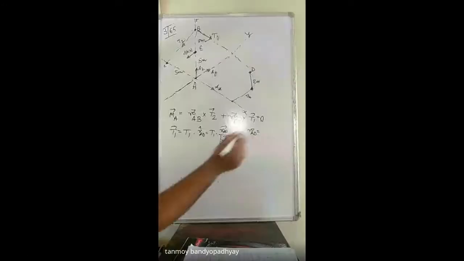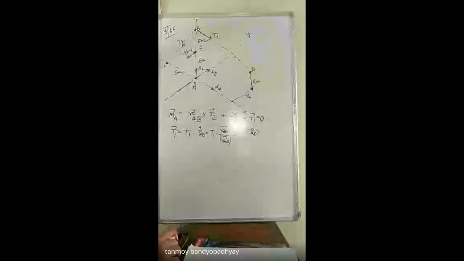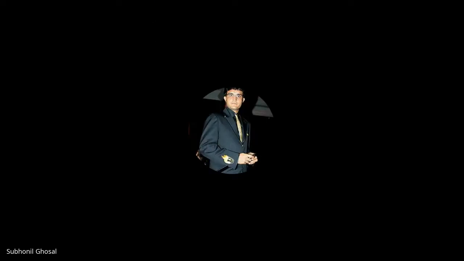It will be the coordinates of B itself, right? RAD minus RAB.